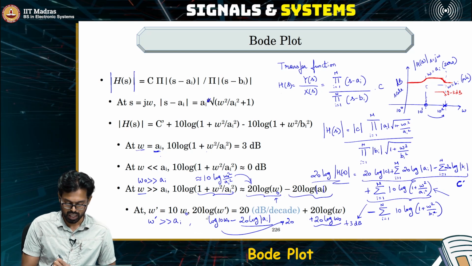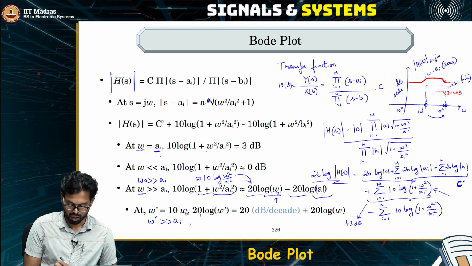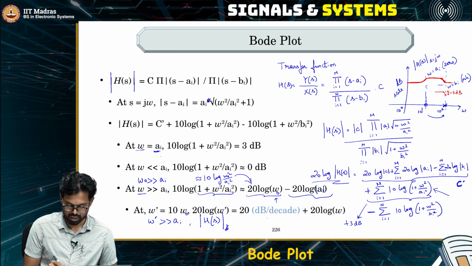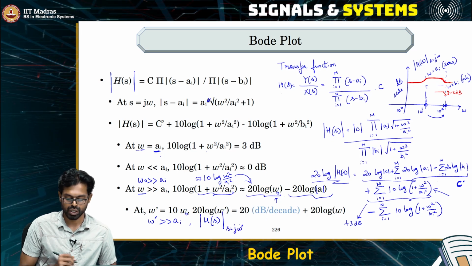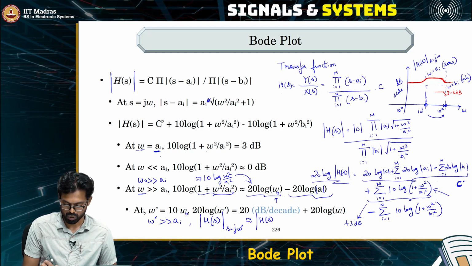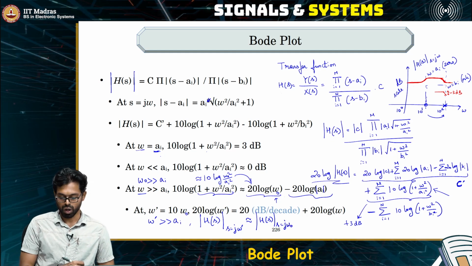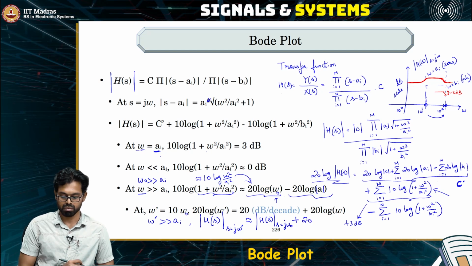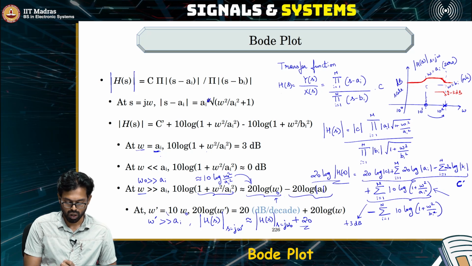In other words, if you evaluate the magnitude of this transfer function at s equals j omega dash, it is approximately equal to the magnitude that was present at s equals j omega naught plus 20, and that 20 comes simply from 20 log 10.